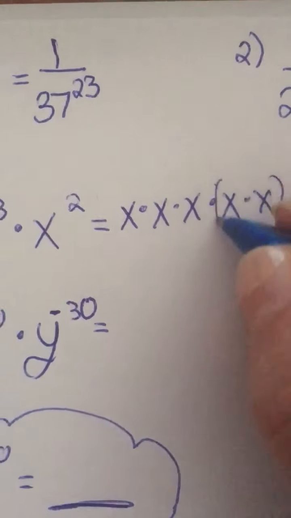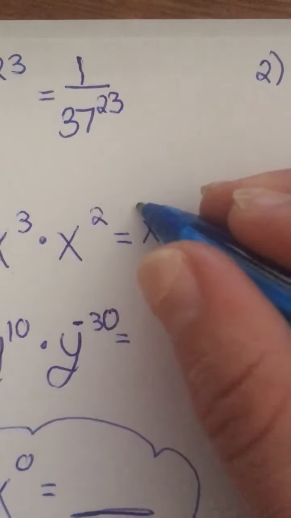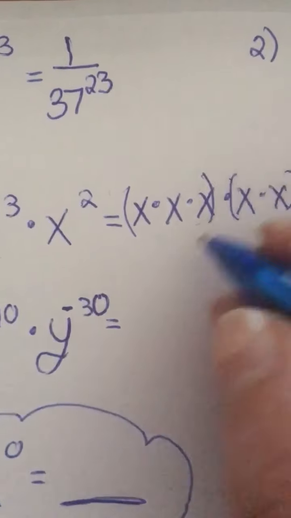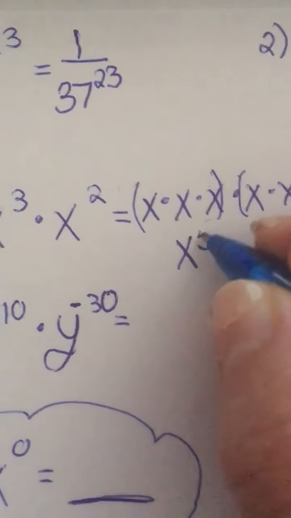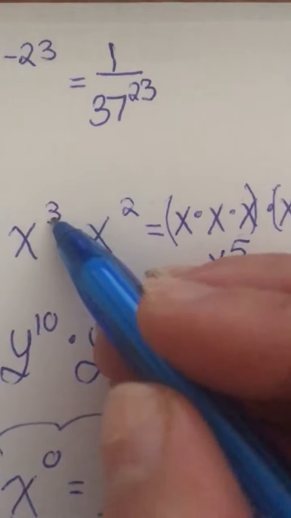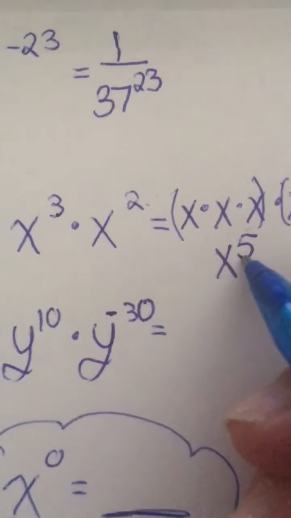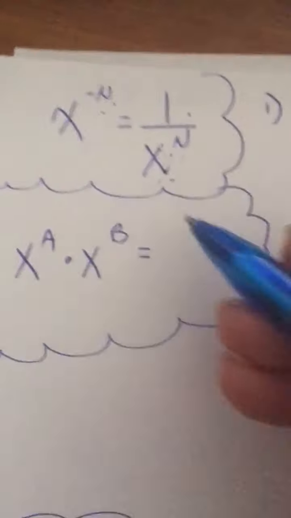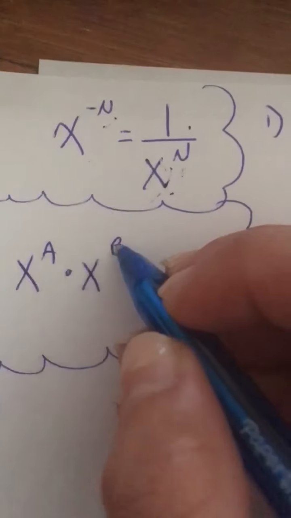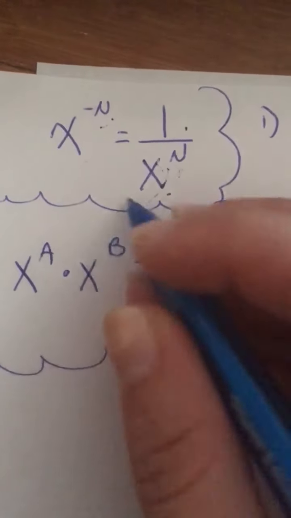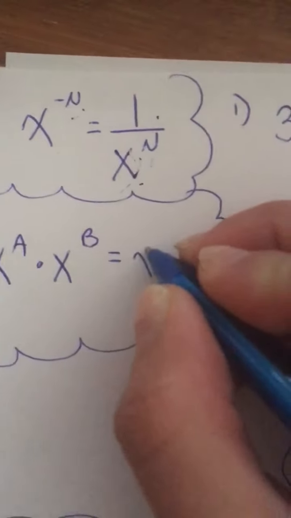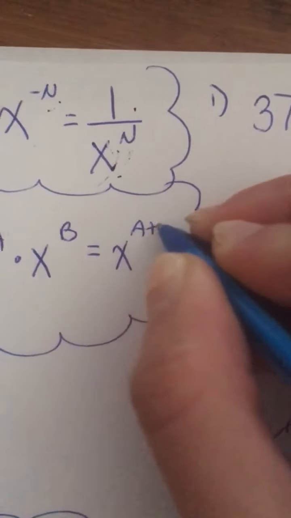So there's x to the third, x squared, and then count how many you have. We have 1, 2, 3, 4, 5. X to the fifth. And if you notice what happened, we added 3 and 2 to get 5. So when you're multiplying with exponents, you're adding the exponents. So x to the a times x to the b is x to the a plus b.